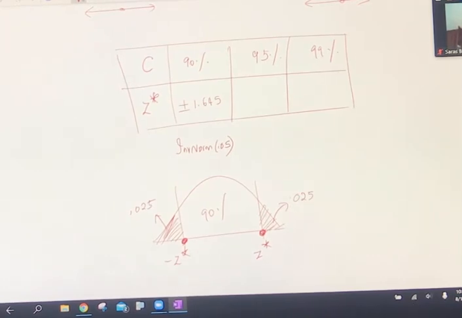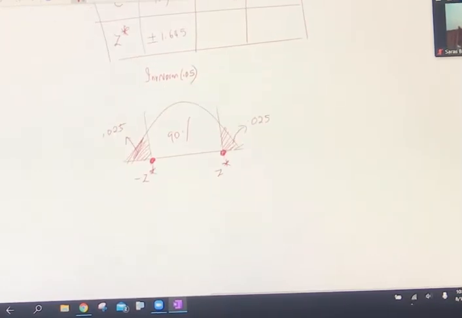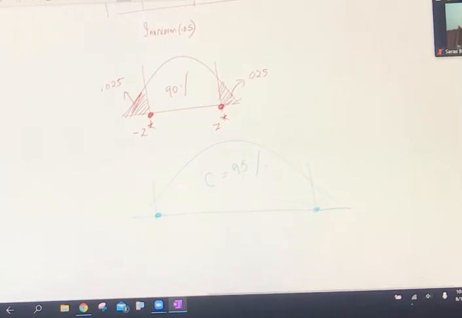All right. And the same way, the next number is the 95 percentage. So when the C level is 95 percentage, you are left with 5 percentage. When you talk about the middle 95 percentage, I hope you remember how to get the Z star value. So negative Z star, positive Z star. Those are the critical values.